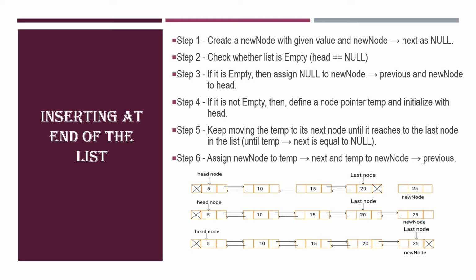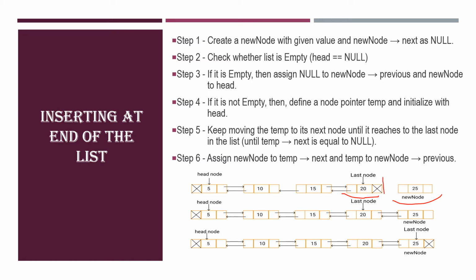Now let us see insertion at end of the list. Again, let us assume the node with data 25, which we created, is to be inserted at the end of the list. For that, the first step is creating a new node with the data, and the second one is to make the next pointer of the last node. Already the last node is this one. If my list element is the last one, then the next part of the node should be null.